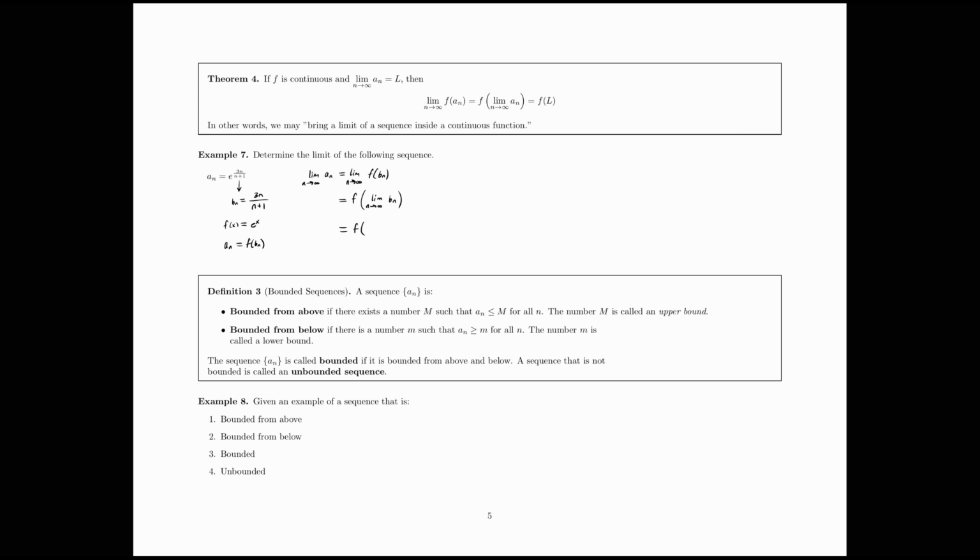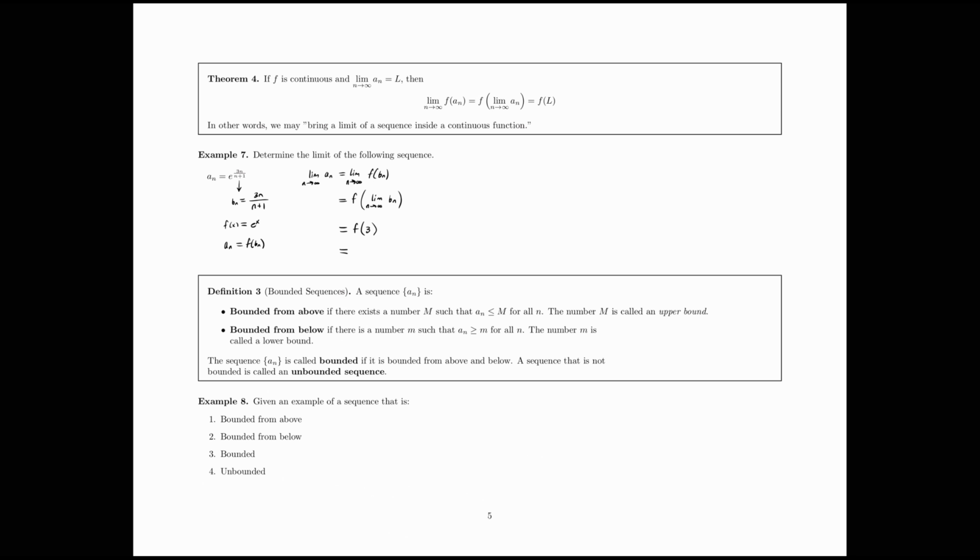So the limit of b sub n is the limit of this expression, and by the technique of dominating terms, we have 3 to the n as the dominating term in the numerator and n as the dominating term in the denominator. So what's the ratio of the coefficients? Coefficient in the bottom is 1, so 3 divided by 1. So the limit of b sub n is 3 divided by 1, or just 3.